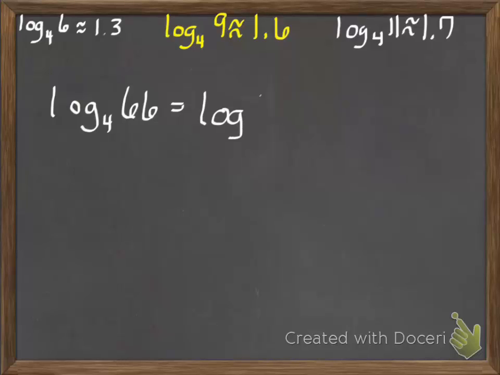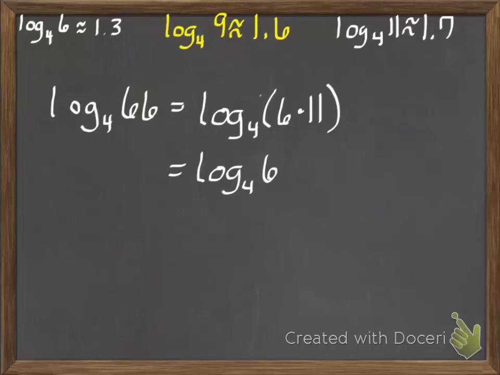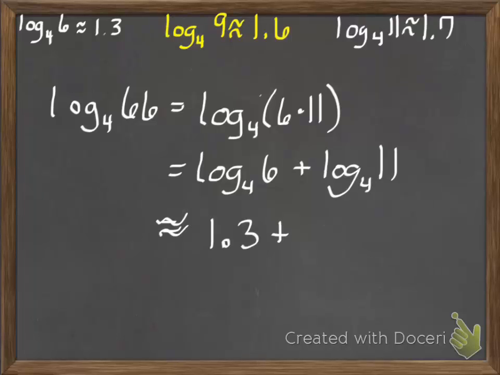So log base 4 of 6 times 11. What did we say would happen if we had multiplication? So log base 4 of 6 plus log base 4 of 11, and that is approximately 1.3 plus 1.7. So approximately 3.